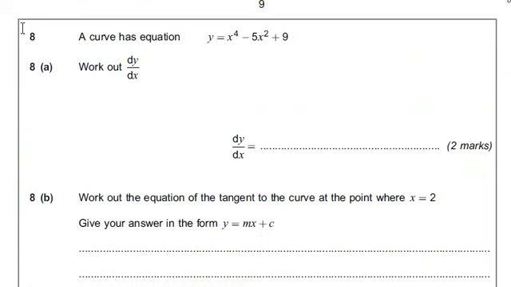Now this is question 8. The curve has equation x to the power of 4 minus 5x squared plus 9. So now you have to differentiate that to get dy over dx. That would be simply 4x cubed minus 10x.